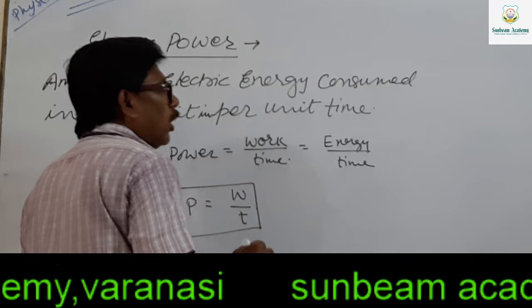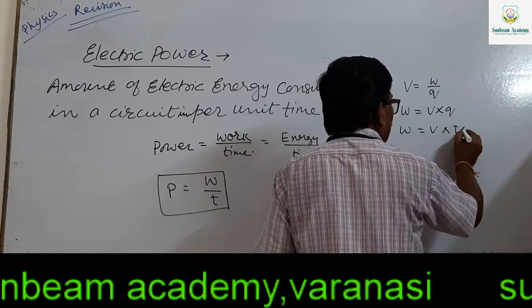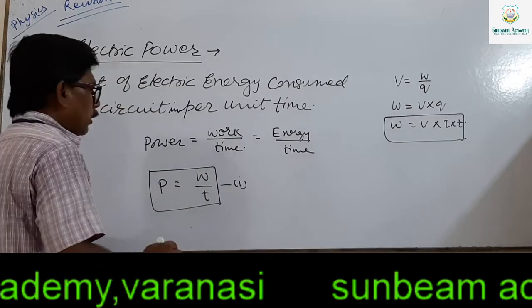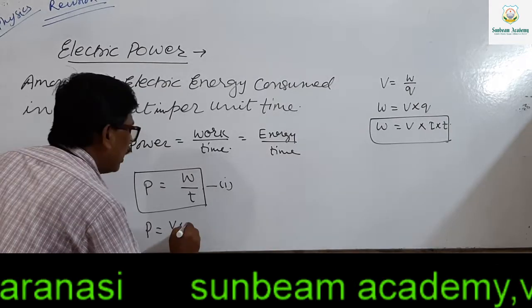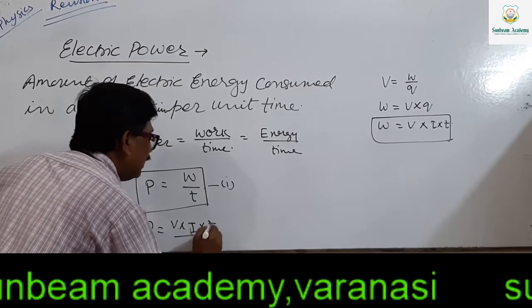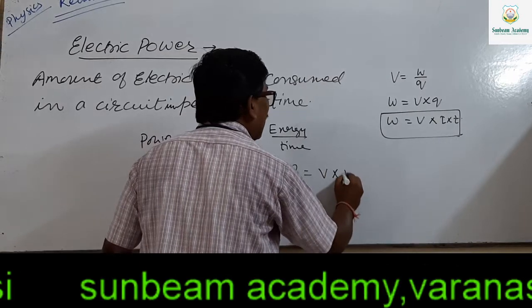Electric potential V is equal to W upon Q, so W is equal to V into Q, and in place of Q you can write I into T. Substituting the value of W in this equation, power becomes V into I into T upon T. T cancels here. It means power is equal to V into I.